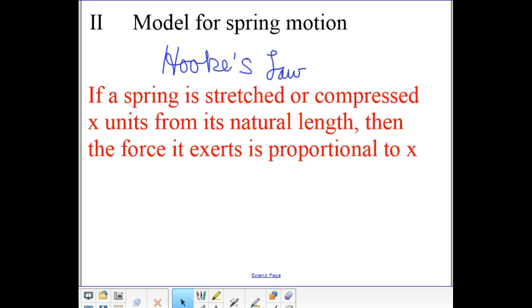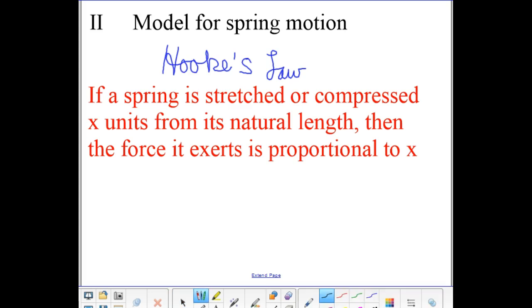If a spring is stretched or compressed x units from its natural length, then the force it exerts while you're holding it there, not moving it, I'm not talking about work and moving it, is proportional to x. The farther you move it, the more force is required to hold it there. The farther you stretch it and you hold it, the more force is required to keep it in that position.